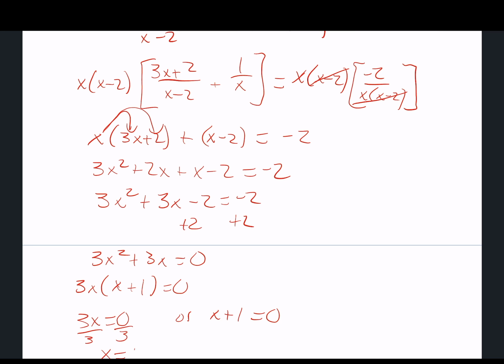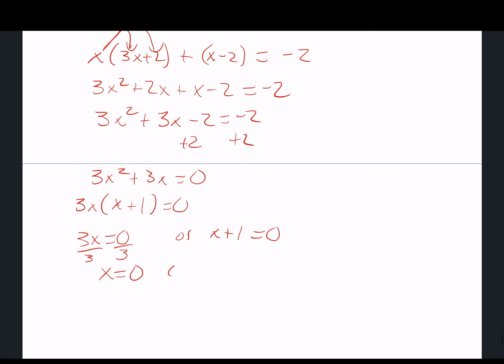X is equal to 0. Or we can subtract 1 from both sides. We're left with x is equal to negative 1. Now we need to go back and plug both of those solutions into our original equation to see, 1, that it works, and 2, that we don't have any problems with division by 0.